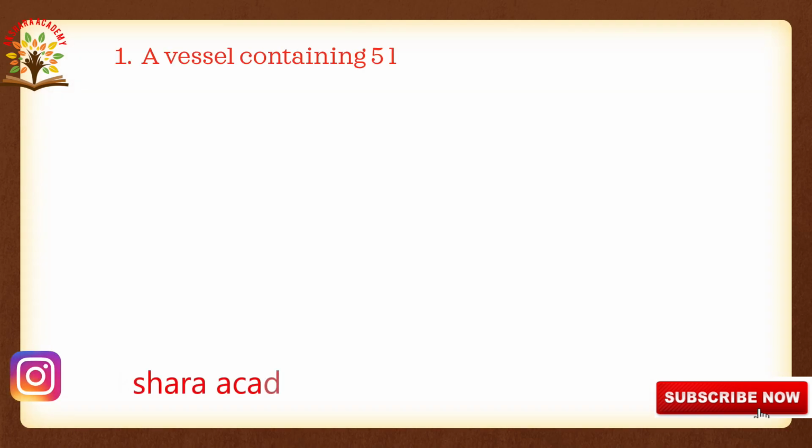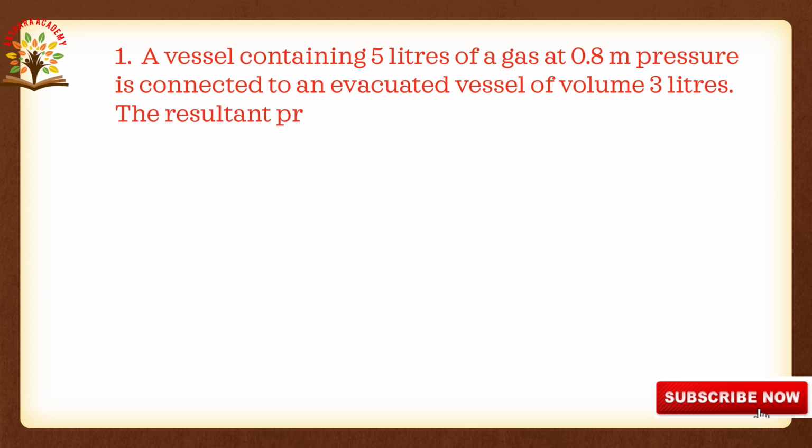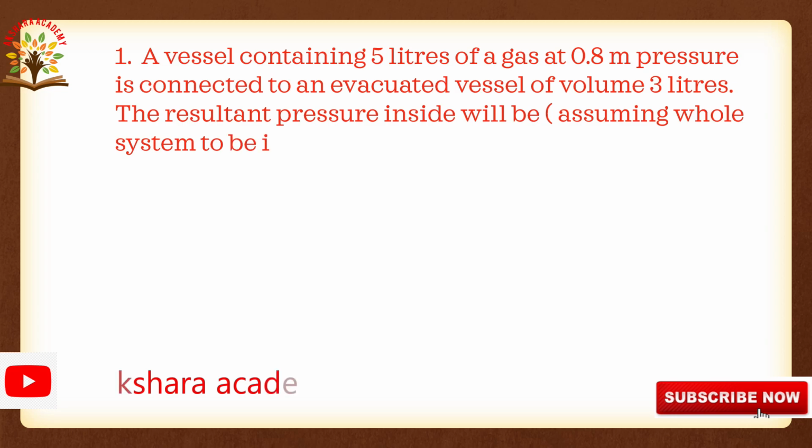A vessel containing 5 liters of a gas at 0.8 meters pressure is connected to an evacuated vessel of volume 3 liters. You have to calculate the resultant pressure assuming that the whole system is isolated.